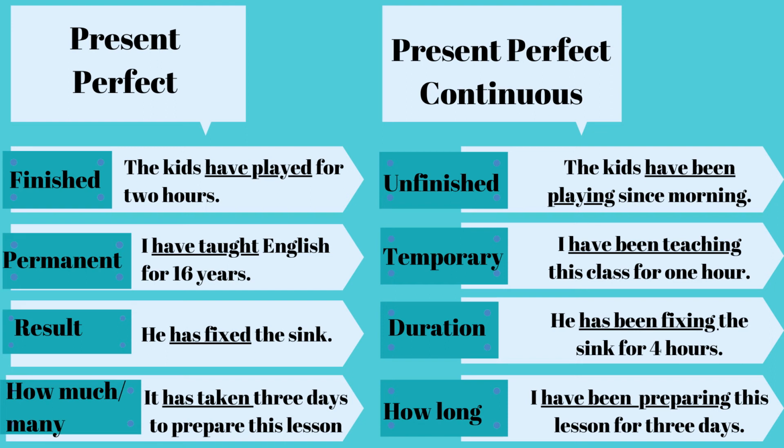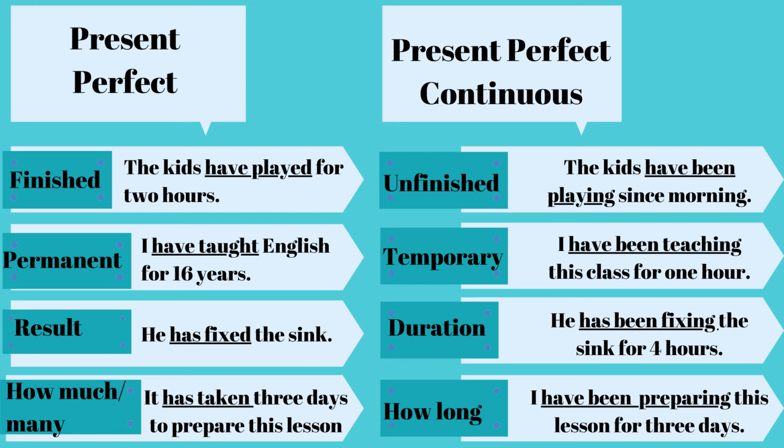Another difference is in the present perfect, it emphasizes the result. He has fixed the sink. However, in the present perfect continuous, the emphasis is on the duration or how long the action took. He has been fixing the sink for 4 hours.